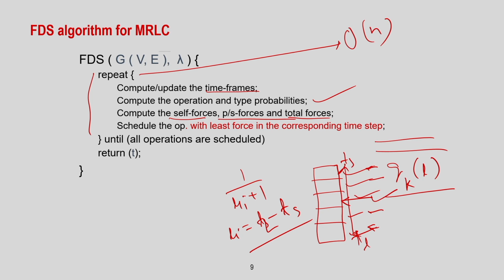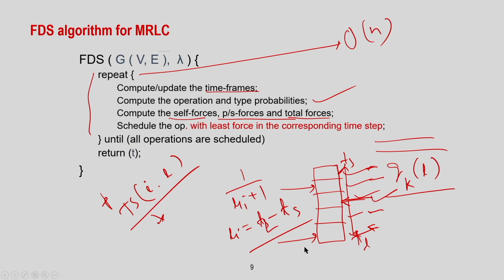Okay. So, the idea is that in each time stamp I am going to calculate the total force for each node. And it is not only that. It is the total force of node I in each time stamp while it is schedulable, right. So, for each node it is not a single value; for each node there are many values, because I get a total force if I schedule it here, and I get another total force if I decide to schedule it here.